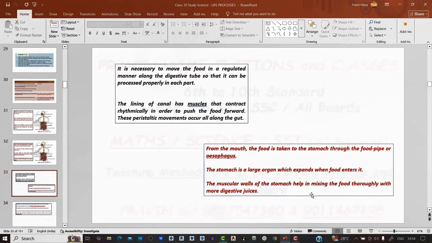Then it is transferred to the stomach through the food pipe, that is the esophagus.